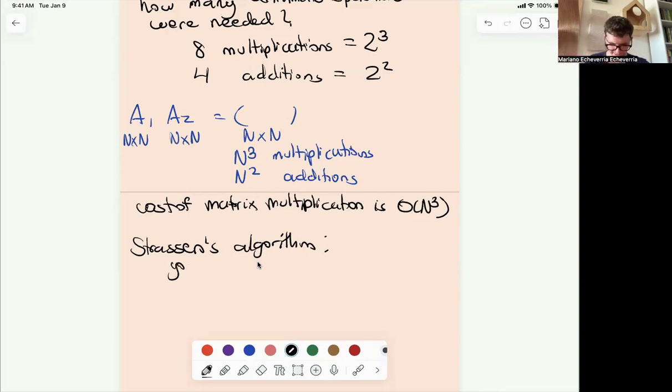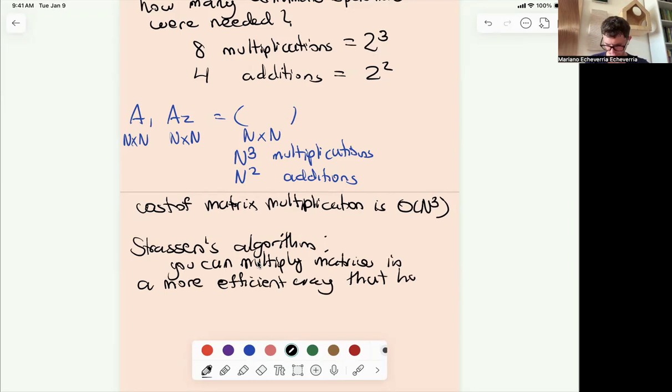You can multiply matrices in a different, more efficient way that has cost roughly that. It's an approximation, and I think there are slightly better bounds than that one, or more efficient ones.